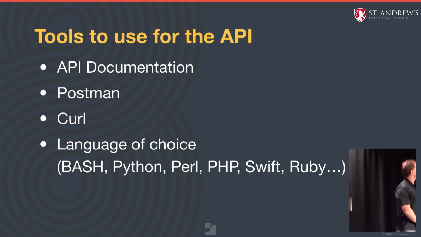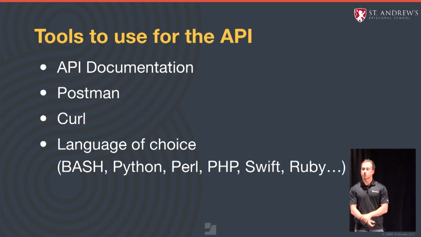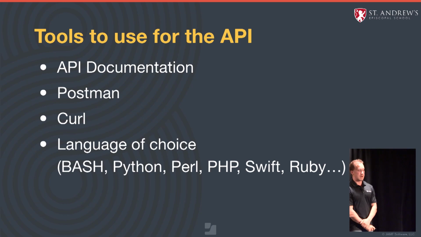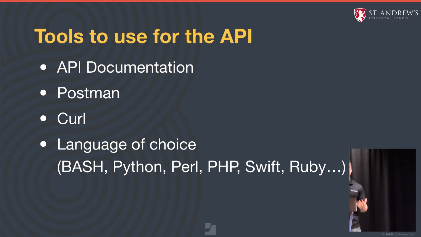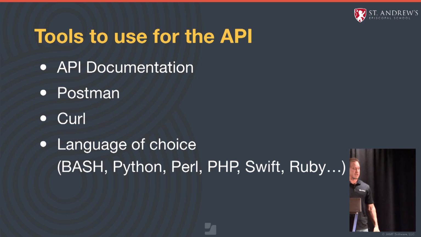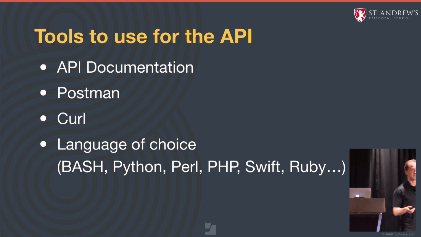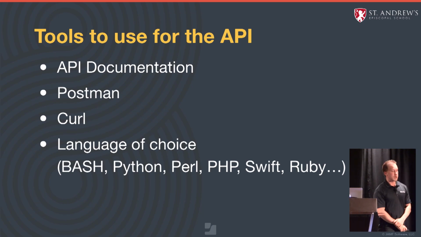So there's a couple of tools to use with the API. So the API documentation. Postman is a tool that I can't recommend enough when using web-based APIs like this. CrashPlan is another web-based thing that has an API, and Postman and all of this works just the same with that. curl, so that you can do things via the command line.